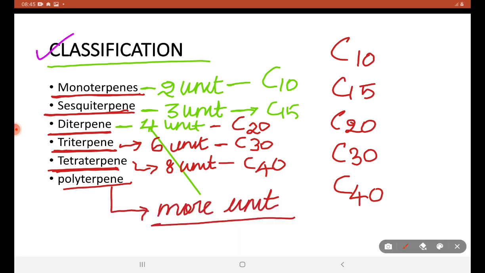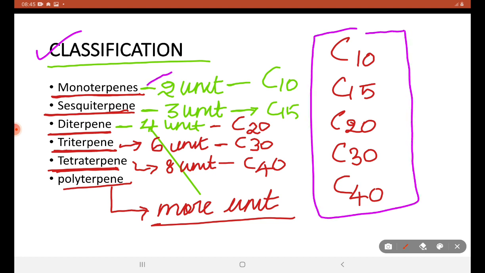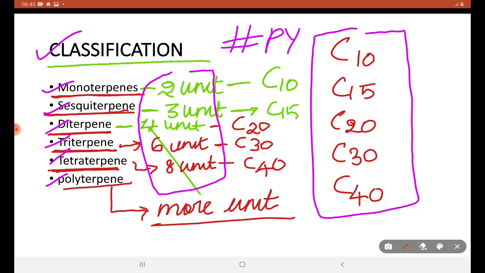This classification, the number of carbon atoms, the number of isoprene units, and the names of all these are very important from the CSIR exam point of view. These are the source of previous year questions.